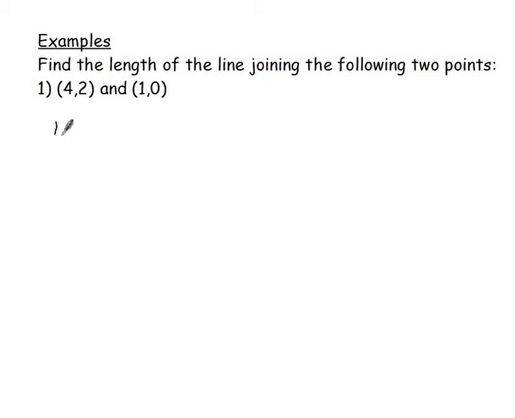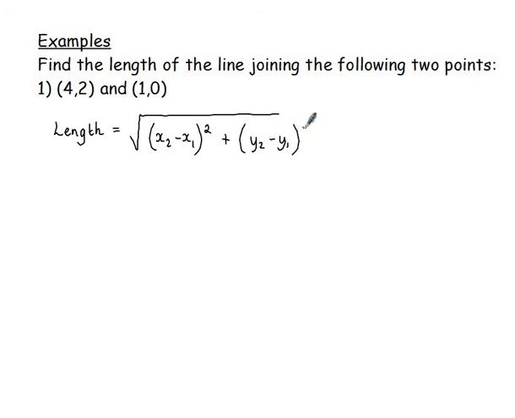So to find the length of the line, remember your formula is the square root of (x2 minus x1) all squared plus (y2 minus y1) all squared. Now to help me with this, like we did with the gradient and the midpoint, I'm going to put x1, y1 on the top of my first coordinate and x2, y2 on the top of my second. And now we can substitute in.